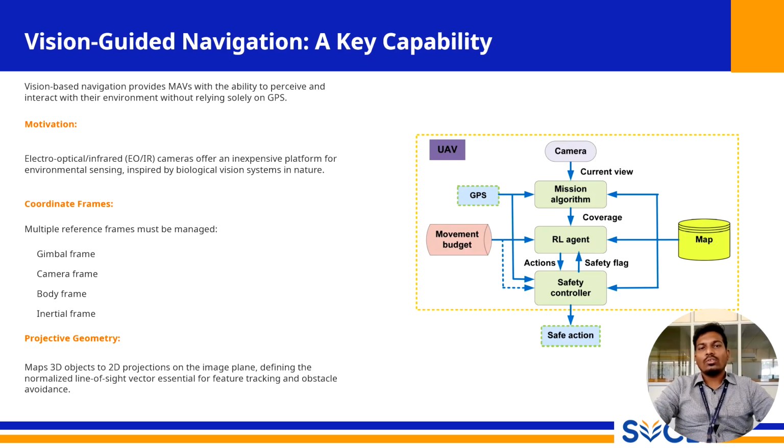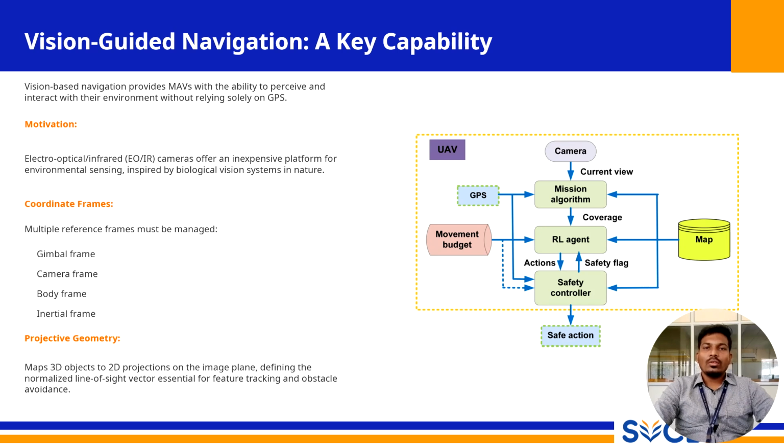The drone's navigation system must be able to instantly and accurately transform coordinates between all these frames to understand where an object seen in a 2D image is actually located in 3D space.